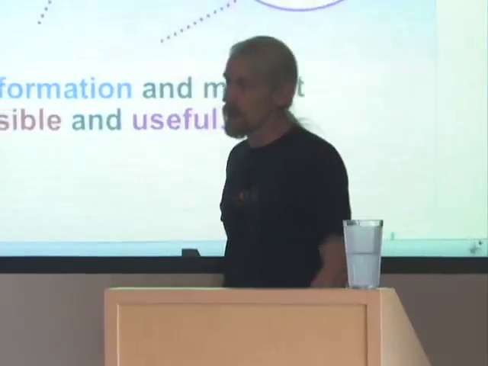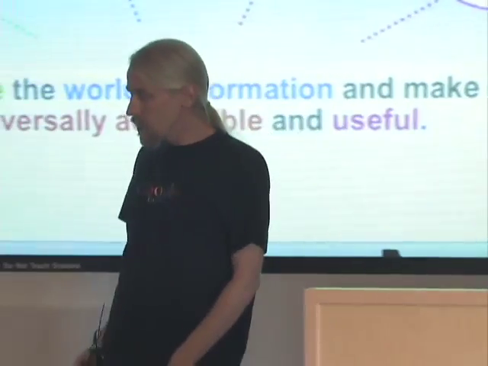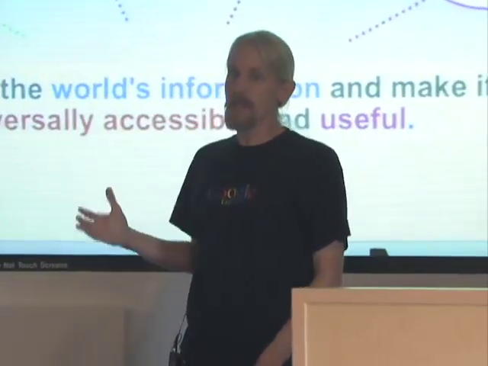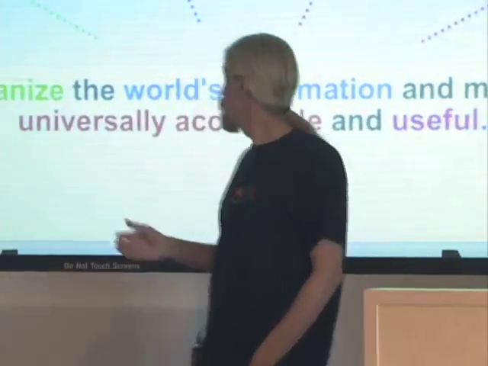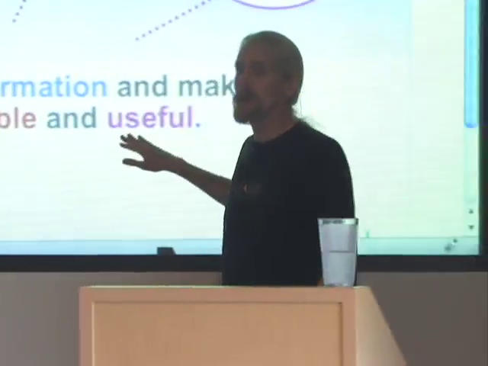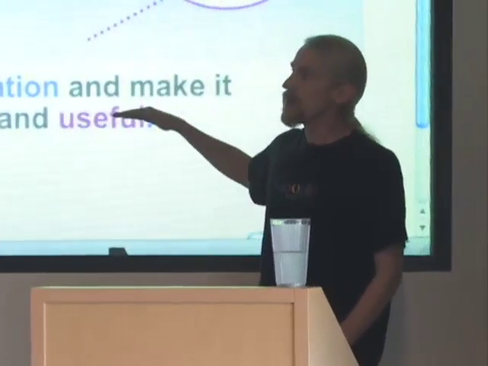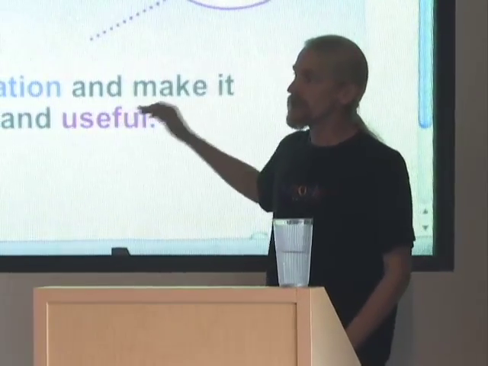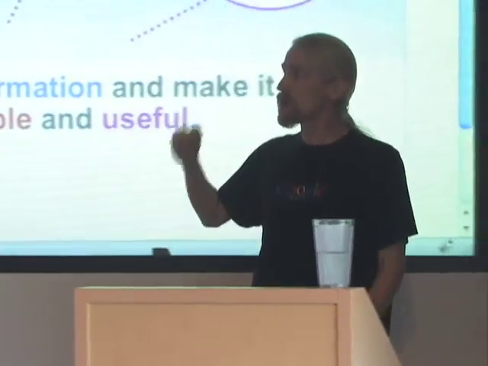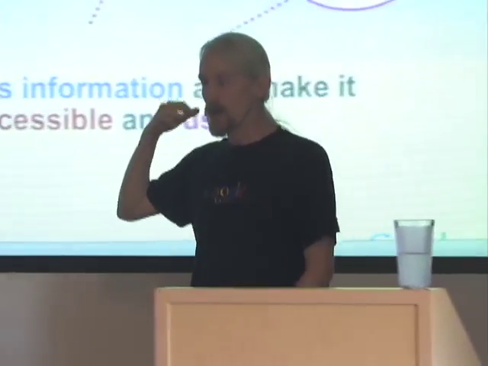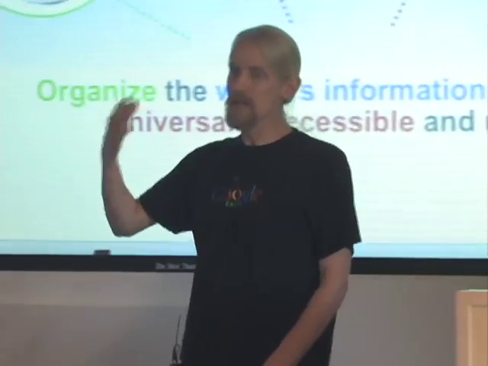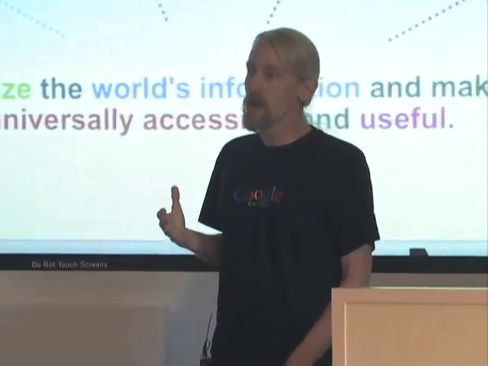Now, to make the world's information truly useful, we need to provide ways of displaying the information in a way that's most useful to whatever goal someone's trying to accomplish.